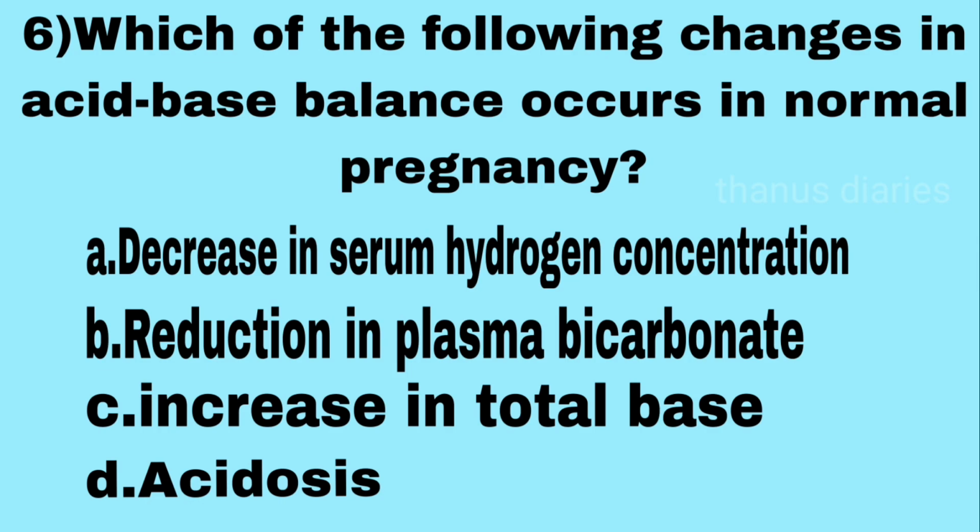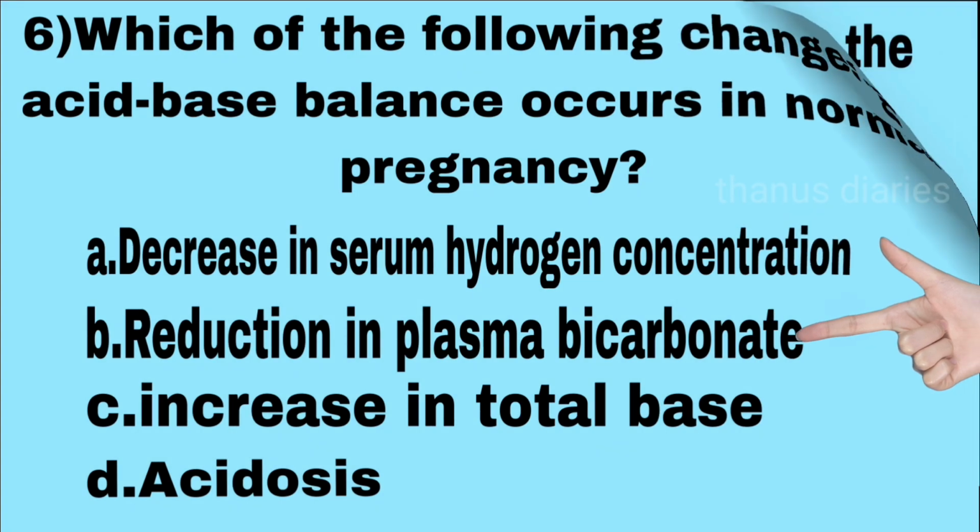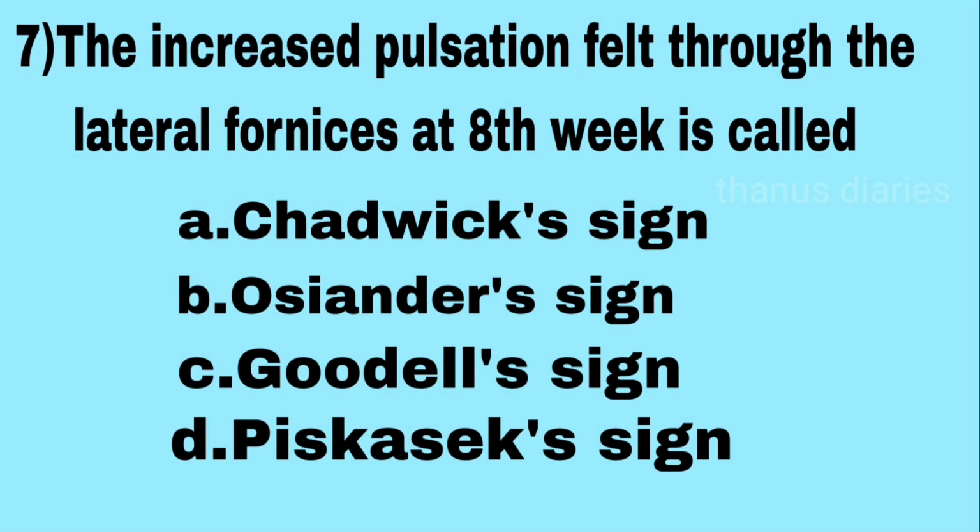Options are decrease in serum hydrogen concentration, reduction in plasma bicarbonate, increase in total base, and acidosis. The answer is reduction in plasma bicarbonate. Next question, the increased pulsation felt through the lateral fornices at 8 weeks is called: Chadwick sign, Osiander sign, Goodell sign, Piskacek sign. The answer is Osiander sign.